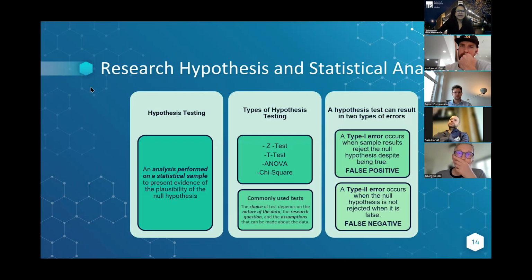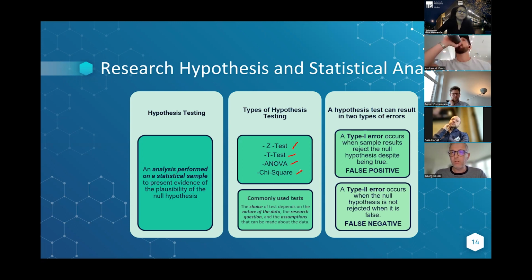This is the only thing that significance testing is assessing. So, explaining a little bit more about null hypothesis significance testing: these tests are analyses performed on a statistical sample in order to make a decision regarding the null hypothesis. The different types of tests we have are, for example, z-test, t-test, ANOVA, chi-square.